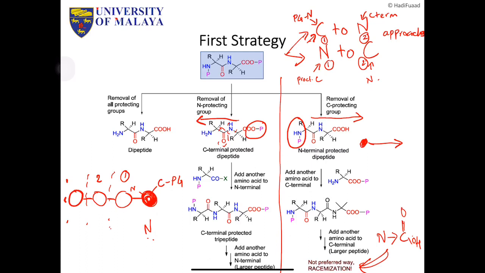I'm not going to touch on the mechanism of how you can produce racemization. You can look it up. It's very common. You just type in racemization of peptide C terminal, then you can see it very easily.